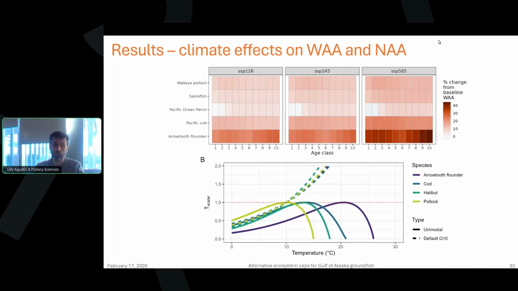It depends on a lot of things. There's movement going on, and depending on what time of year the fish are in what box, you may or may not run into a temperature that is a limit. But for the most part, for the purple line, which is arrowtooth, you never get past the hump. The hump is at 12.